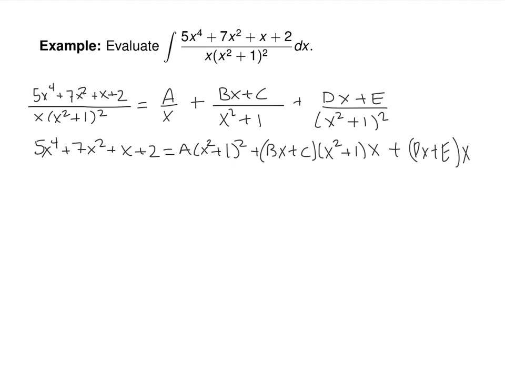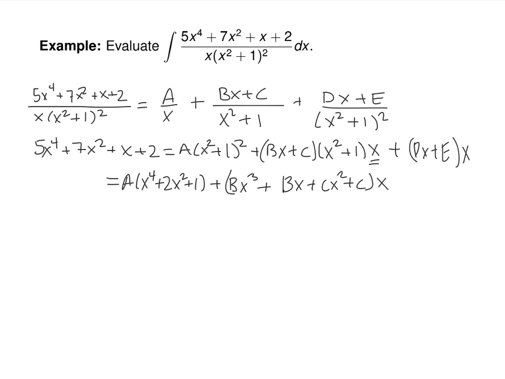I'm not going to rewrite the left side because it takes so much space. So this will be A times x to the 4th plus 2x squared plus 1, plus, here we go, Bx cubed plus Bx plus Cx squared plus C, and don't forget that that's all still multiplied by x.